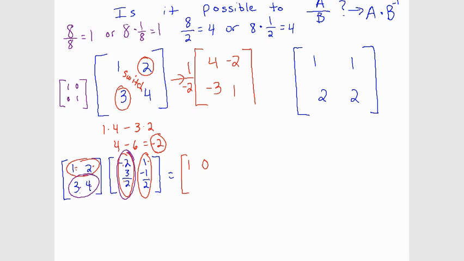So we get -6 plus 6. We get a 0 here. And then we multiply by this column. We get 3 times 1 is 3. 4 times negative 1/2, that's a negative 2. So we get 3 minus 2 is 1, and it checks out.